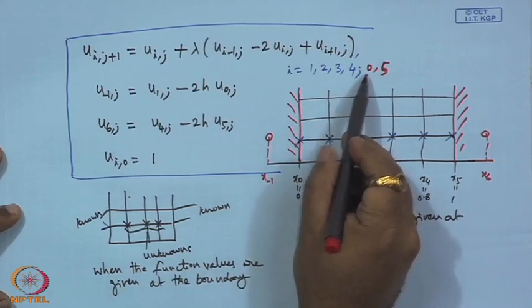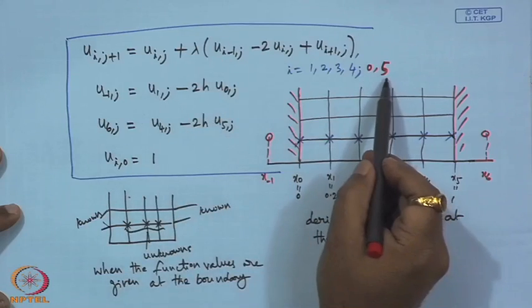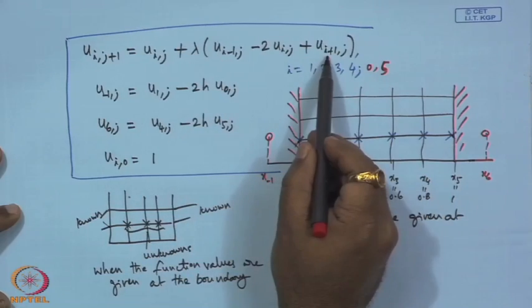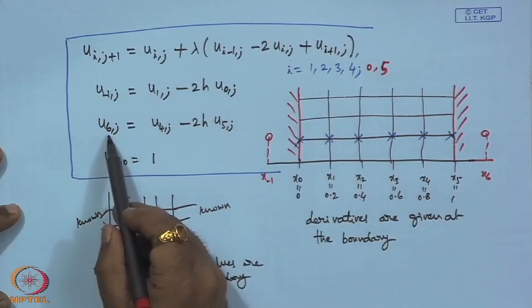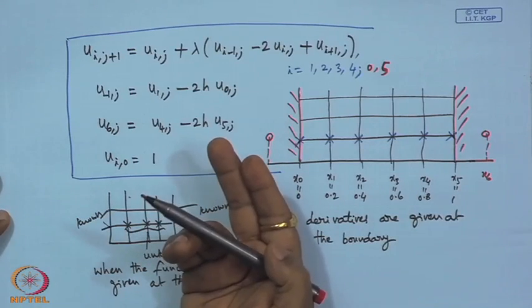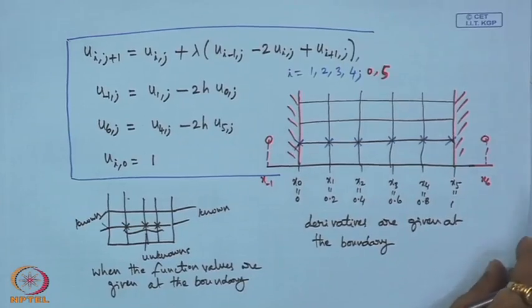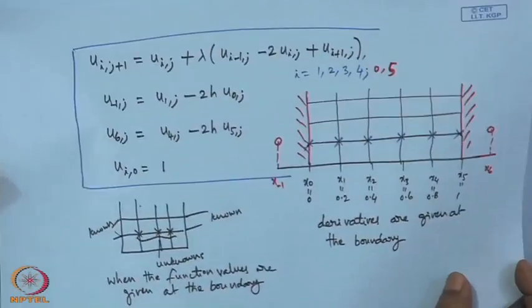So, let us see what happens if you run for i equals to 0, there we are going to get u minus 1, and if you run for i equals to 5, we are going to get u 6. So, that means 2 more additional equations we are going to get. Okay. So, that may resolve the issue. So, let us try to do that.